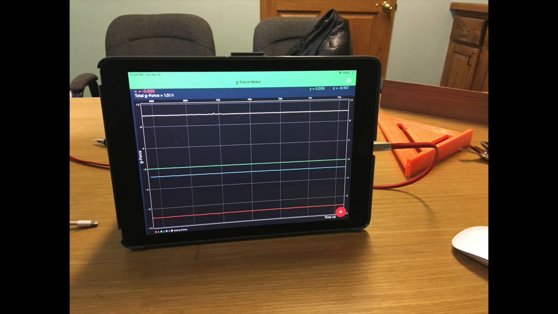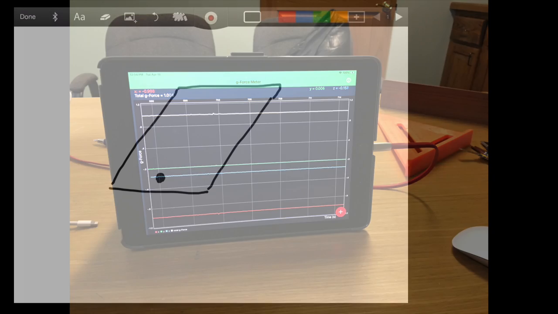And the direction of gravitational force going straight down, perpendicular to that, is the x-axis. The x-axis goes along this short edge here. Now the z-axis goes from the front of the iPad to the back. Let's have a look and see what that means.